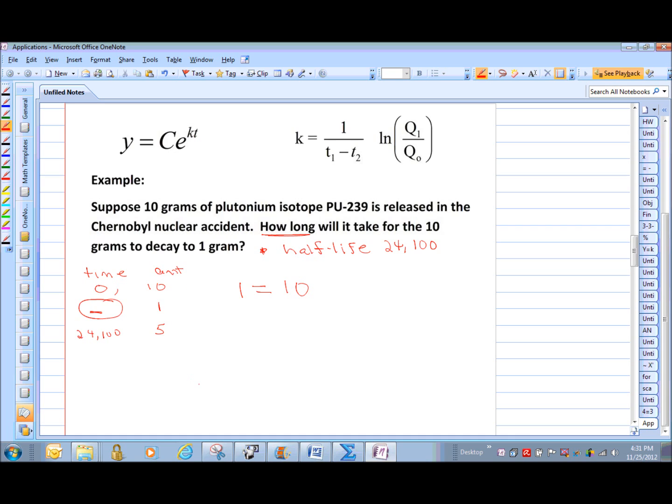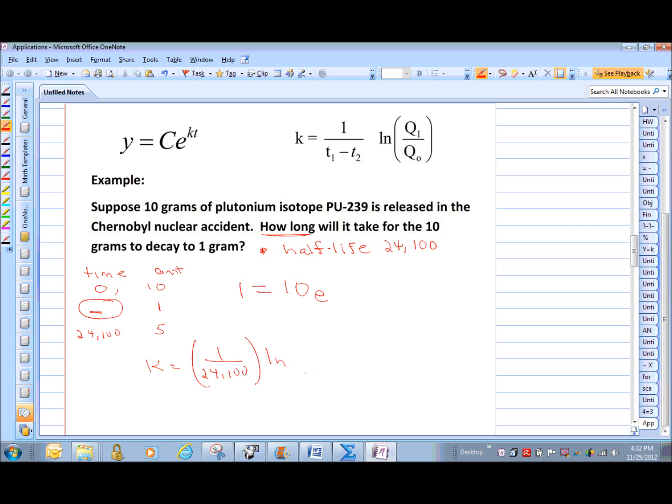Let's go over here and calculate our K value. We're going to be using our K, so we have e. Let's calculate our K value. So remember, K would be 1 over the change in time. Well, the change in time for us would be from 0 to 24,100 years, so 24,100.